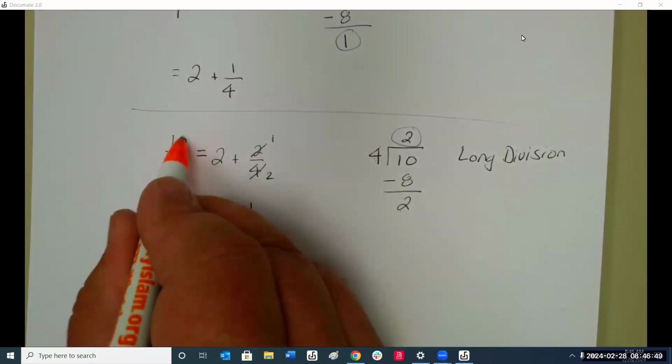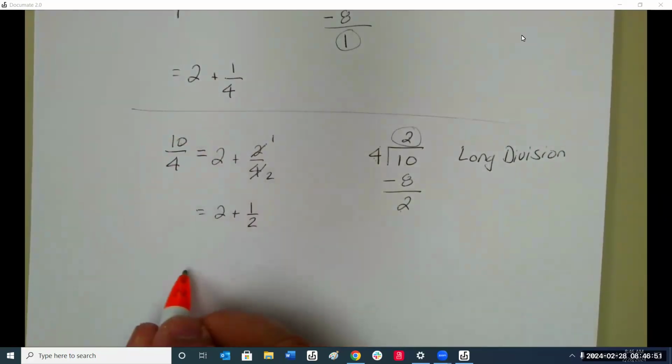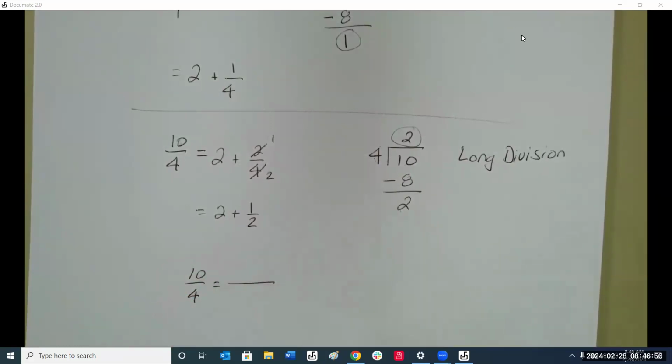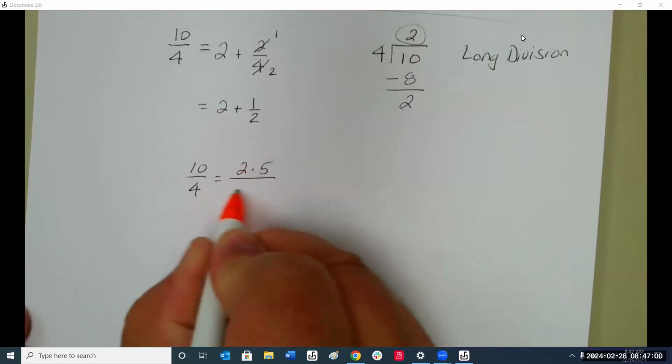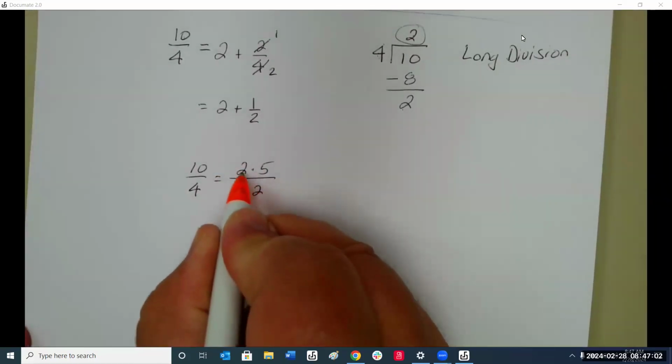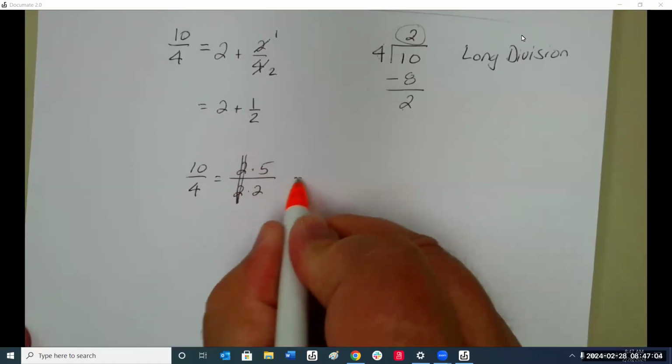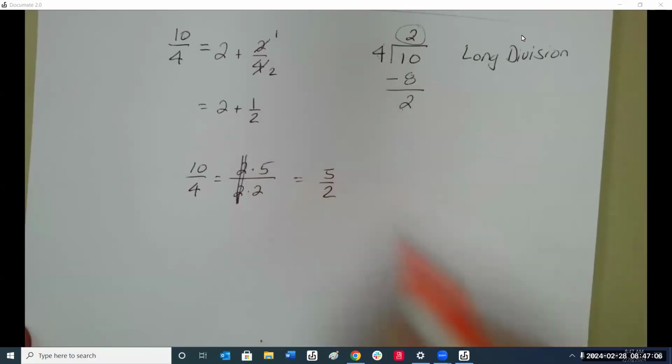Do 4 and 10 have anything in common? What is 10 made up of? 2 times 5. What is 4? They both have a 2 in common, so we're only really doing that division.